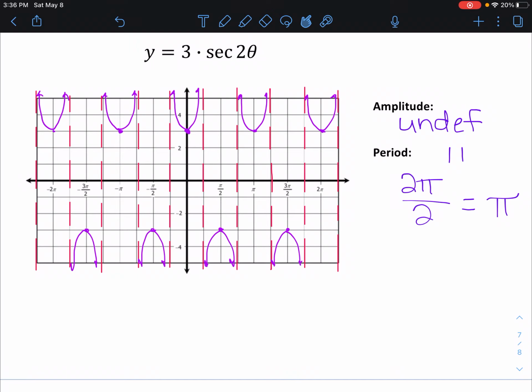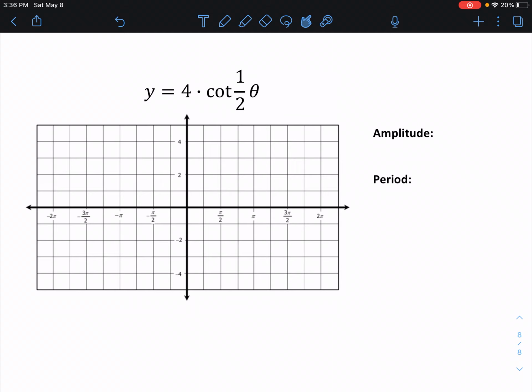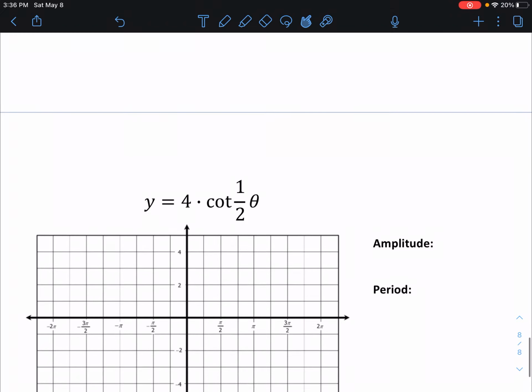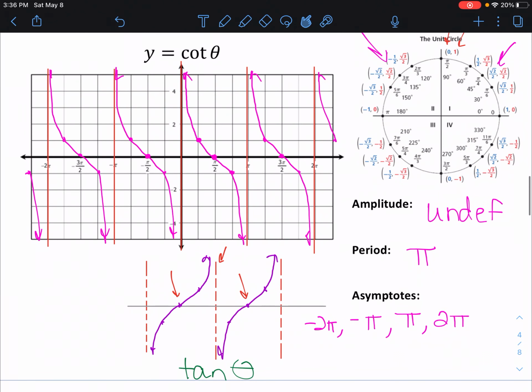Okay, one more. Let's try one more. The cotangent one. Cotangent tends to be the easiest to graph. And remember, why is that? Well, cotangent, the asymptote starts at 0, but also the period and the first asymptote match.